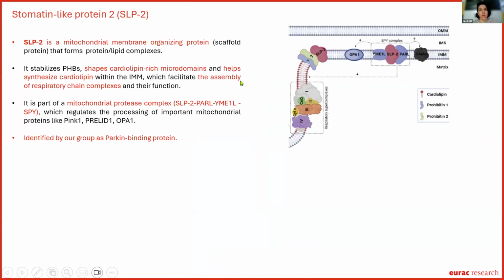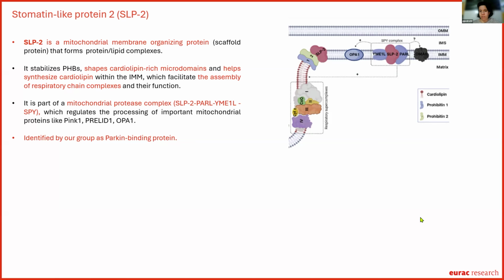We work with the SLP2 protein, a mitochondrial scaffolding protein that helps in shaping the cardiolipin-rich microdomains within the inner mitochondrial membrane, and this facilitates the assembly and function of the electron transport chain. Moreover, this protein also interacts with different proteins that regulate mitochondrial dynamics, such as OPA1 and mitofusin. And we know from previous work that this protein interacts with Parkin.